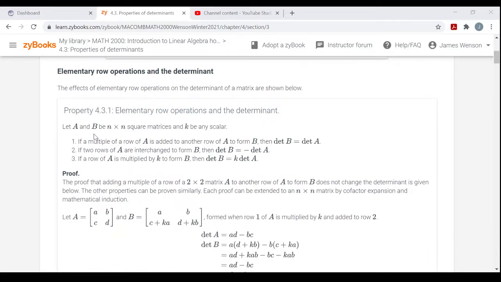So suppose A and B are n by n square matrices, and K is a scalar, some real number.